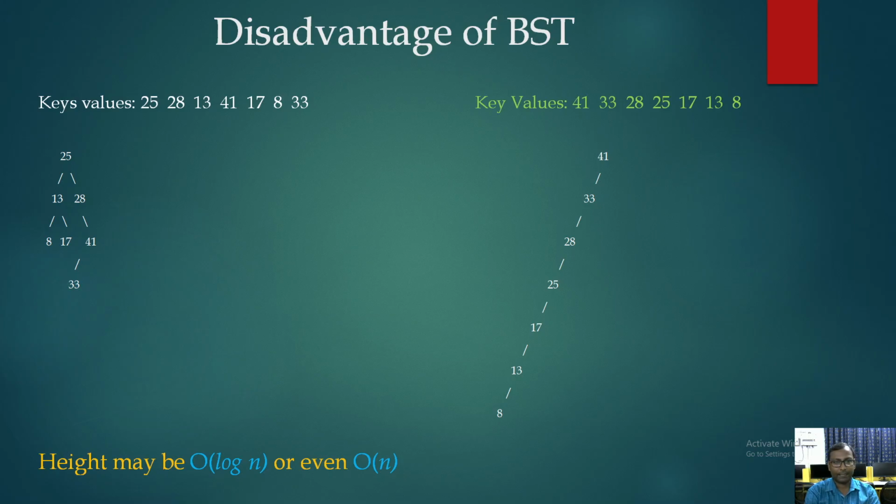But if the same key values are in a sorted order, then the structure of the tree is like that shown in the right side figure. So 41 is the root, then 33 at the left, then 28 is also left, then 25, 17, 13 and 8. So with the same key values but in different order, we are getting a different binary search tree, that is, their structure is different.